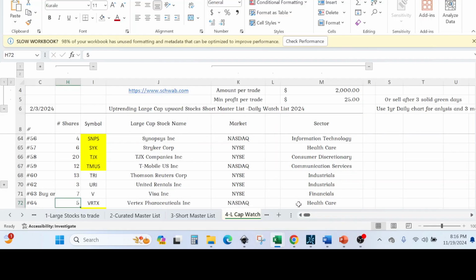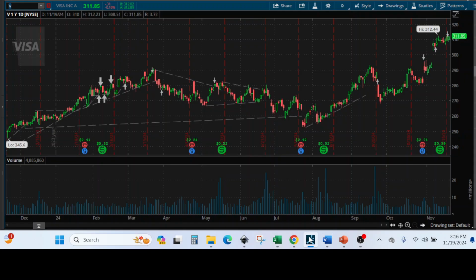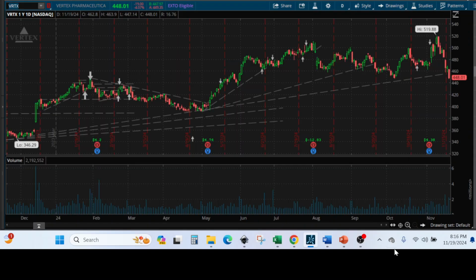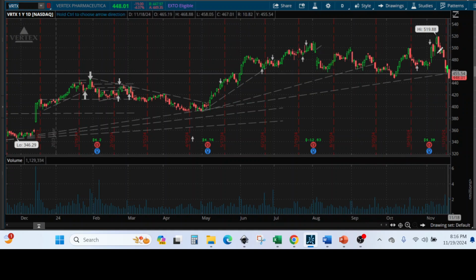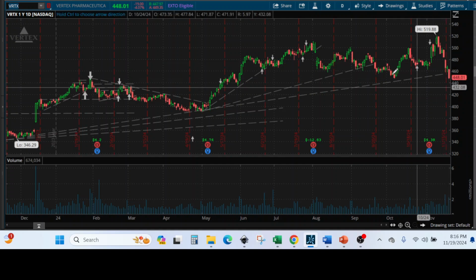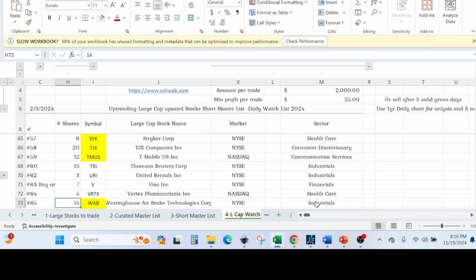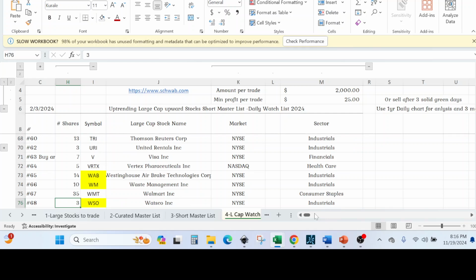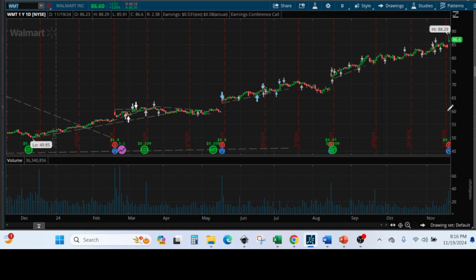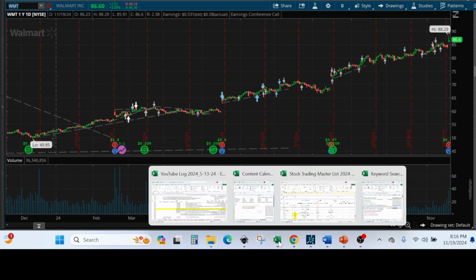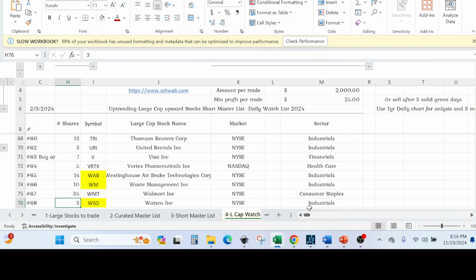The next one, VRTX, is a pullback, but this one went up, and you can see this low here is lower than this, so I don't really know what is going on. We leave it alone. WMT, Walmart. Okay, Walmart, we have 1 green bar. We need to pull back before we get back in again, and that will be it.